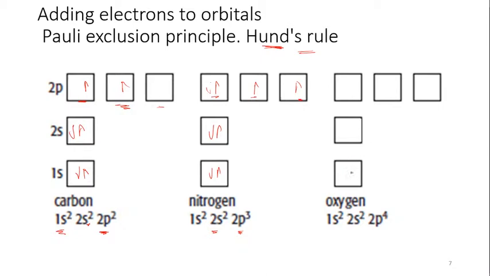For oxygen, I can put electron pairs in the same orbital, because now the 3 of them are half filled, but I have 4 electrons, so I have to add another electron in here. So no electron pairing happens before the orbitals are half filled.